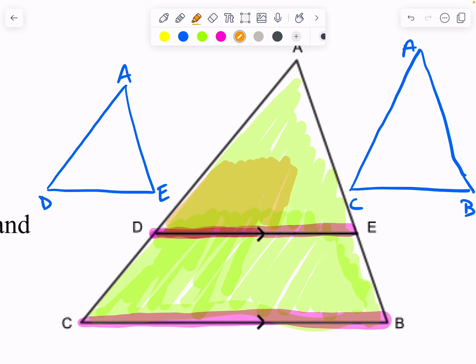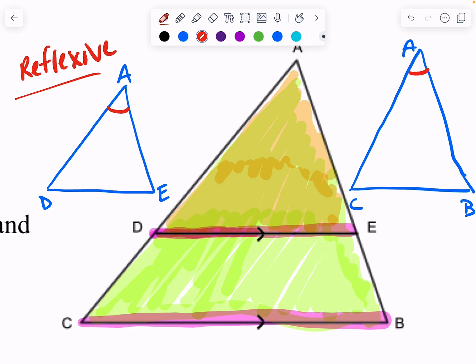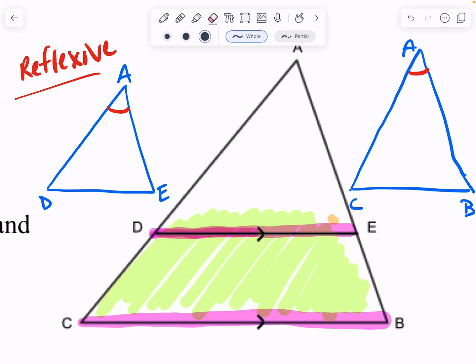Both of those are sharing an angle, and that's angle A. They're both sitting one on top of the other. So the first angle that we can say is congruent in our picture is angle A, and that's because of, remember, the reflexive property. Anytime they are sharing a side or an angle, we can use the reflexive property to say that they're congruent.